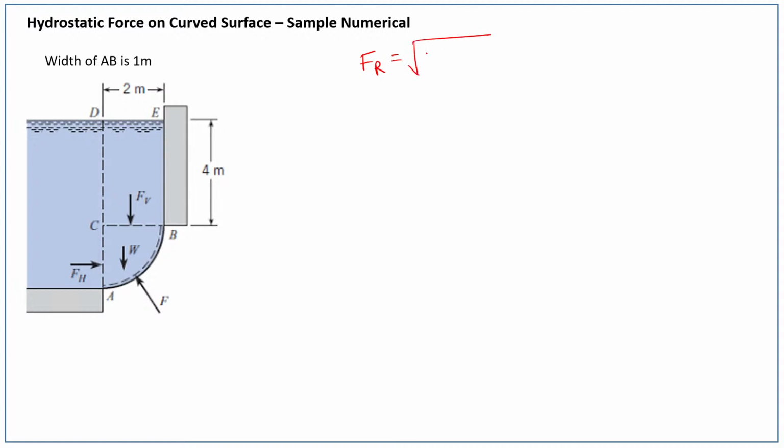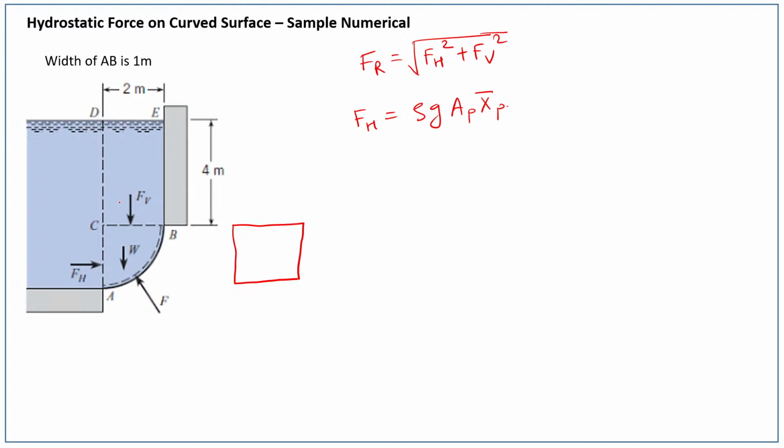So in order to find out the resultant force, you have to find out the horizontal force and the vertical component of the force. For the horizontal force, you have to use the projected area. So rho g, projected area and x bar of projected area. In this case, see carefully, this is your projected area. For this projected area, height is 2 meter.